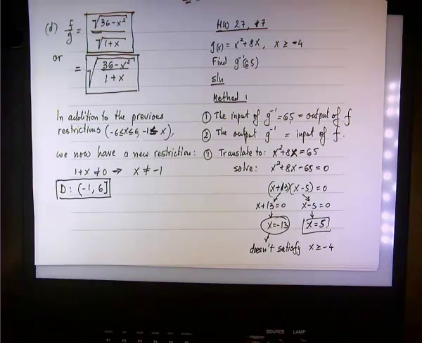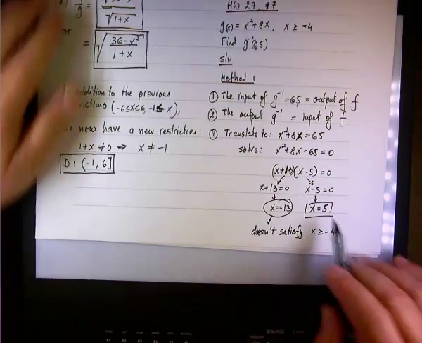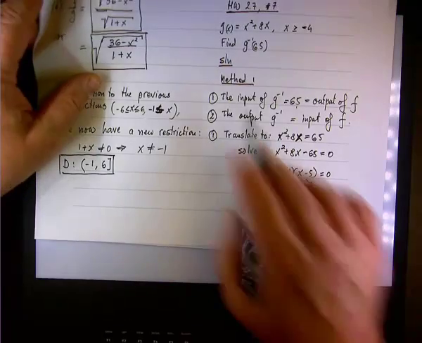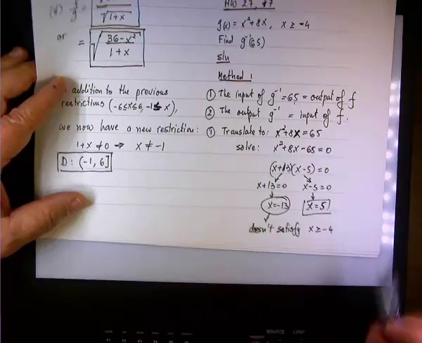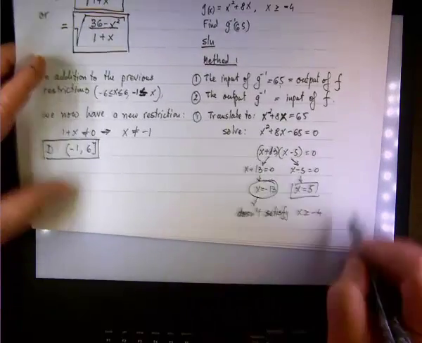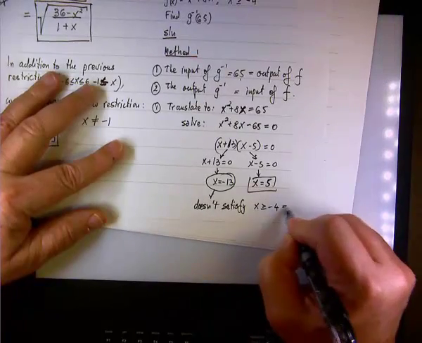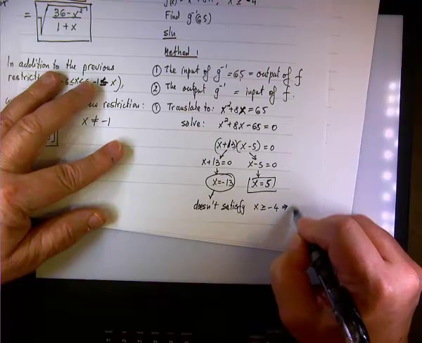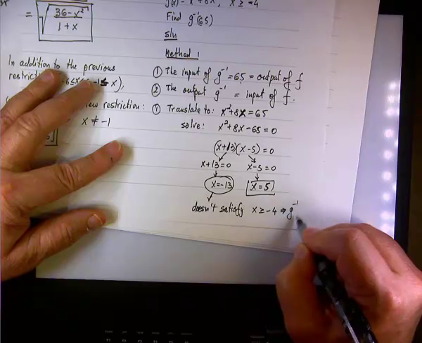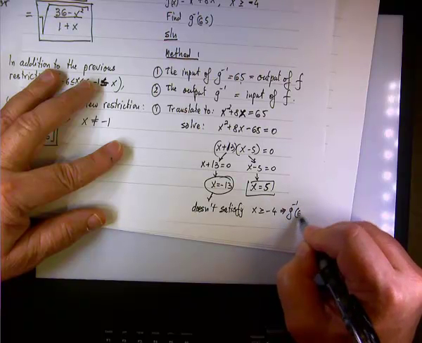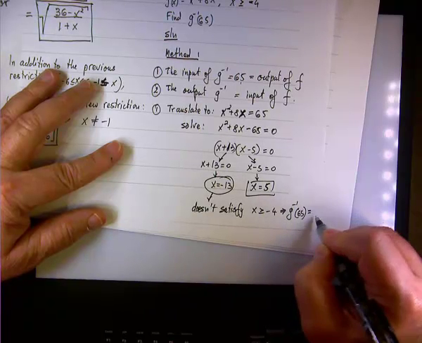So x equals 5 is the solution, because this is the input. Now I'm looking at the next statement: the output of the inverse is the input of f. So it follows that the inverse function of 65 is simply 5.